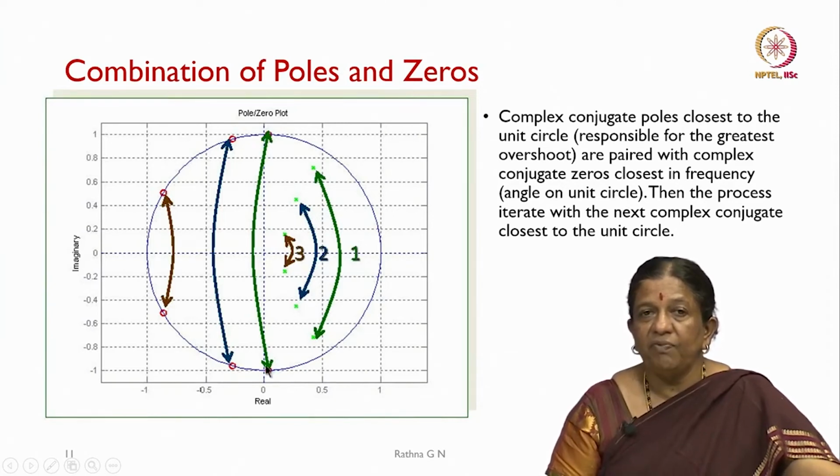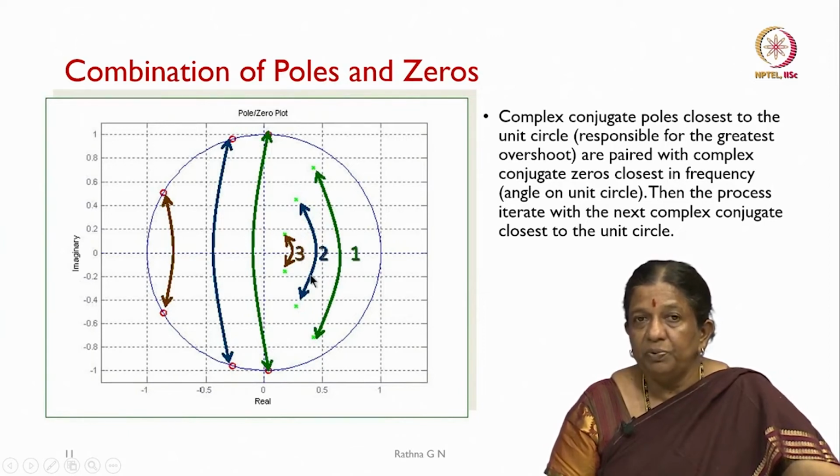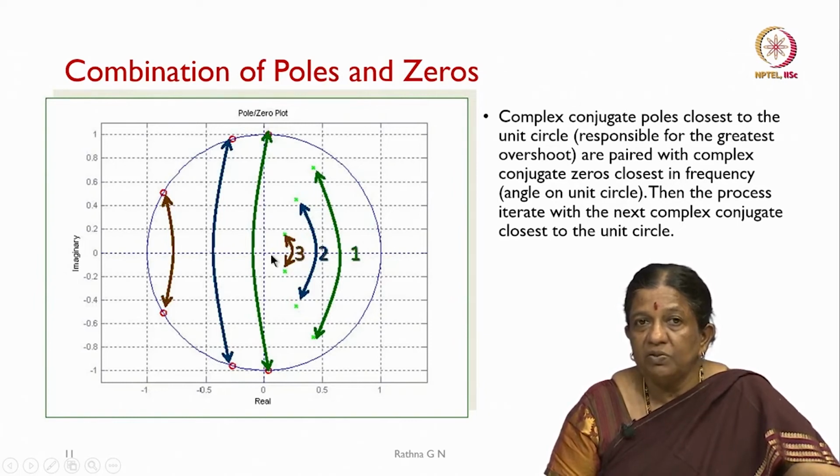That is the reason why we have colored them. The first one, shown in green, is paired with this green, and the next one is the blue. That is what it says. Then the process iterates with the next complex conjugate pair closest to the unit circle. So this one is paired with the next zeros, and the one nearer to the pole is connected with the nearer zeros.